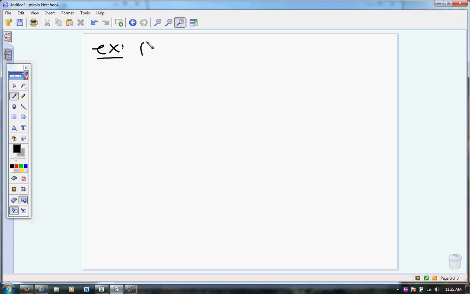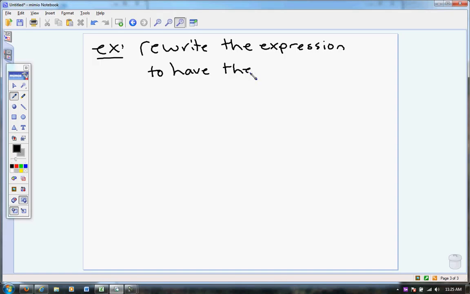What if they ask you to rewrite the expression to have the indicated base? You'll like these because this is just being able to do a little bit of basic algebra.